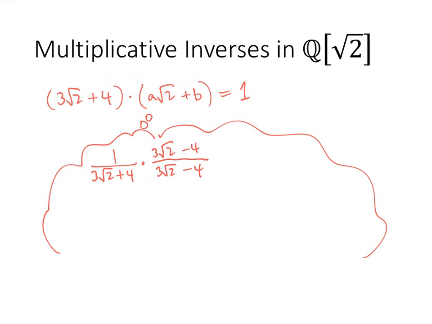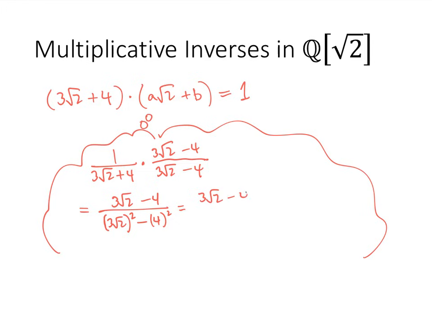This is sometimes called rationalizing the denominator, something you might have done back in high school. When we do this, on the top we get 3 radical 2 minus 4. On the bottom, because that's a difference of 2 squares, we get 3 radical 2 squared minus 4 squared, and that's going to be an integer.